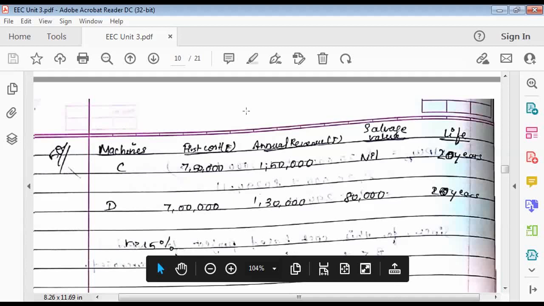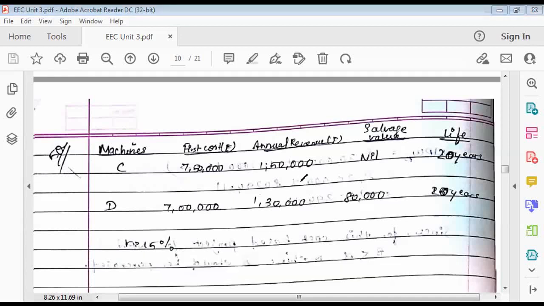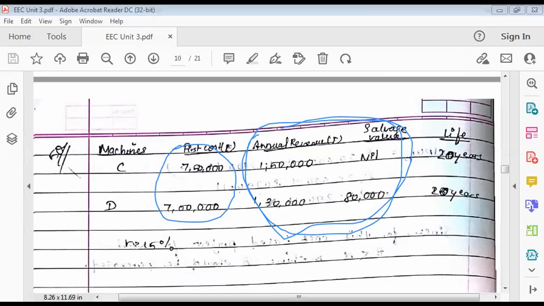And again, what kind of a question is this? This is a revenue dominated case. Why? Because I have already explained this. These two components are revenue components, but only this is the cost component. So 1,50,000 20 times is certainly greater than 7,50,000 one time. 1,30,000 20 times plus 80,000 single time is certainly greater than 7 lakhs.